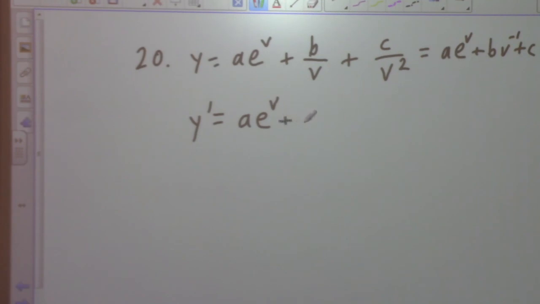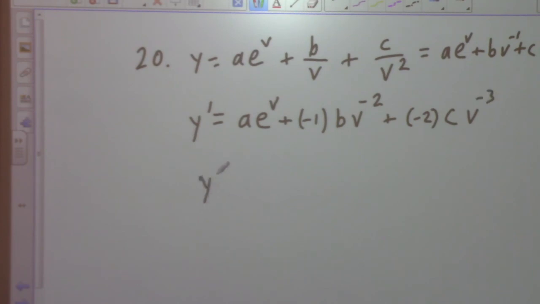Plus negative 1 times b v to the negative 2 power, plus negative 2 c v to the negative 3 power.